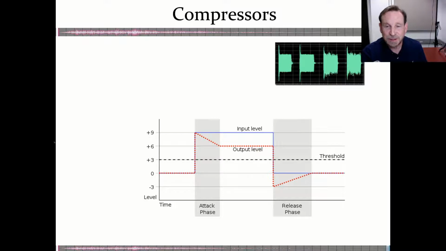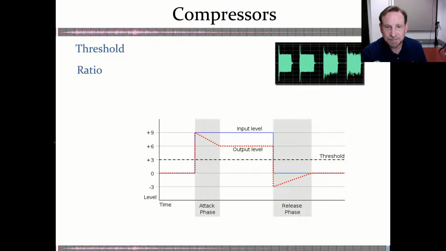So now let's take a look at a couple of these points that we want to talk about. Threshold, we know it's set at this +3. So we know the threshold is telling the compressor to start working when the signal goes over that point. Okay, so now we have the ratio. We have to adjust how much work we want to have this compressor do. In other words, how much is it going to push back down in terms of trying to manage the signal? So what we see here is when the signal has gone over +3 to +9, it seems to be dropping down to a +6.